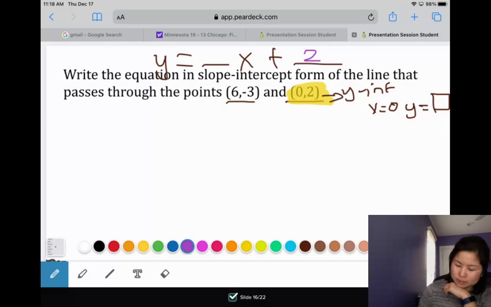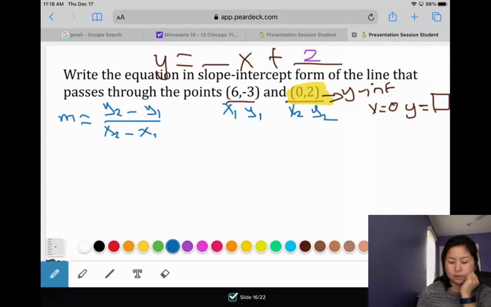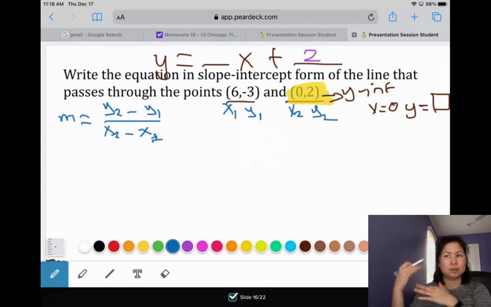So I'm going to find the slope. I'm going to label x1, y1, x2, y2. To find the slope is y2 minus y1 over x2 minus x1. By far, for this one, writing this equation is the most work compared to the last 3 objectives.